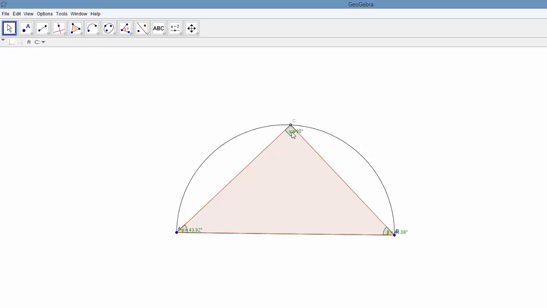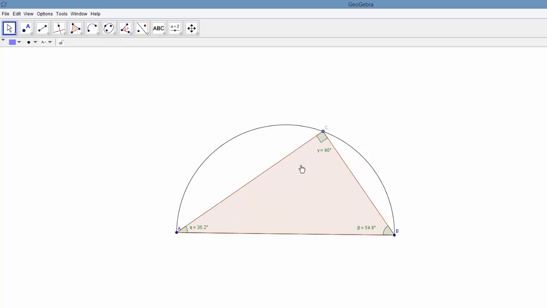What we notice about the angles as we move around point C is that the angle ACB is always 90 degrees. So it doesn't matter where we move point C along the semicircle, the alpha and beta angles change, but the angle gamma is always 90 degrees.